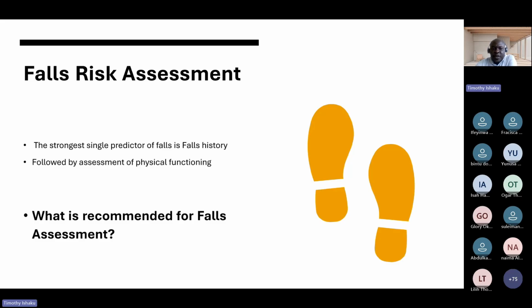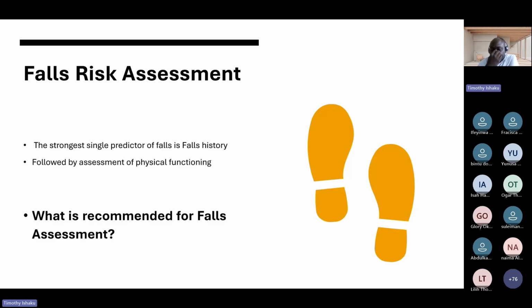This is followed by the assessment of physical functioning. So the second strongest predictor of falls is physical functioning. And physical functioning covers the coordination that somebody mentioned, the balance, the gait, all of it forms part of the physical function.